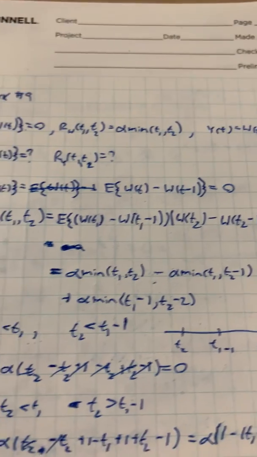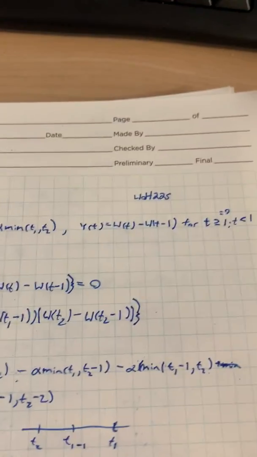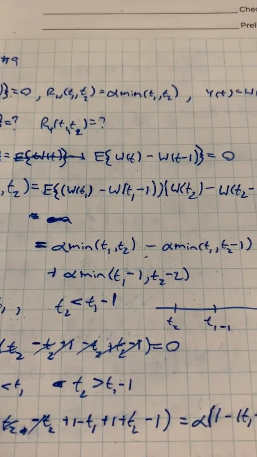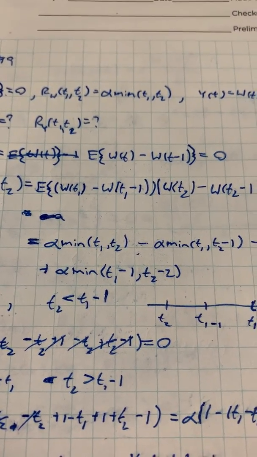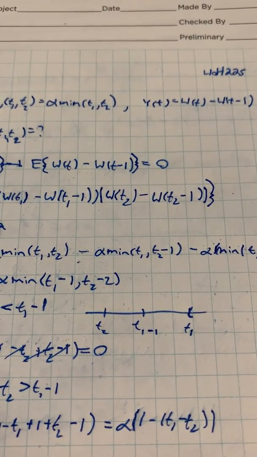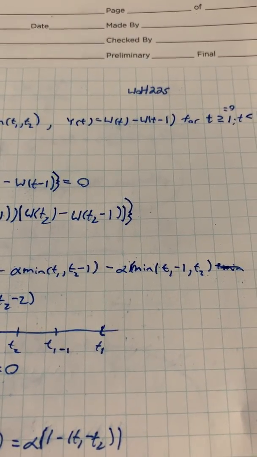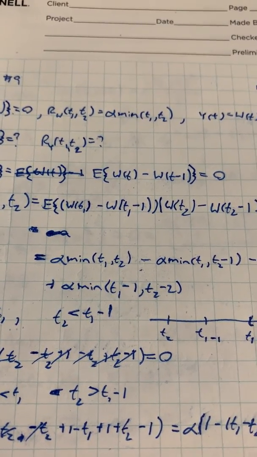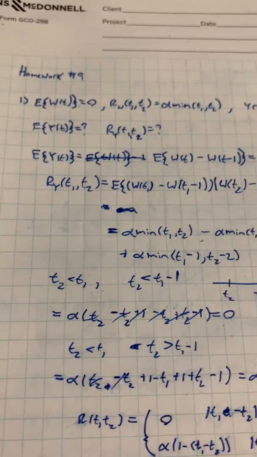After we multiply that out, we substitute our given autocorrelation, and we get alpha times the min of t1 and t2, minus alpha times the min of t1 and t2 minus 1, minus alpha times the min of t1 minus 1 and t2, plus finally alpha times the min of t1 minus 1 and t2 minus 1.